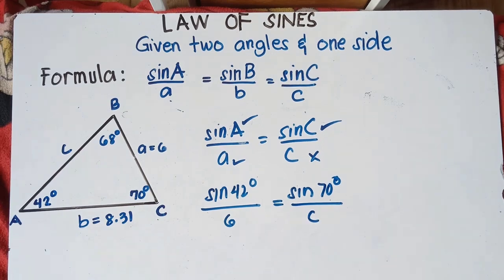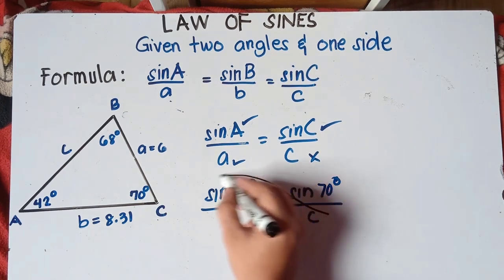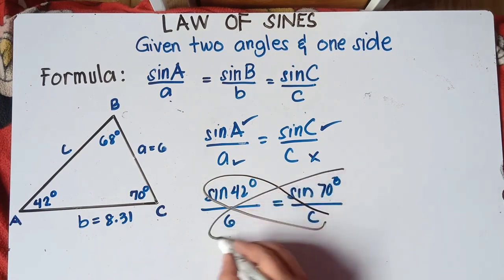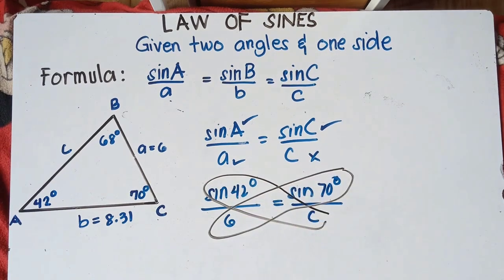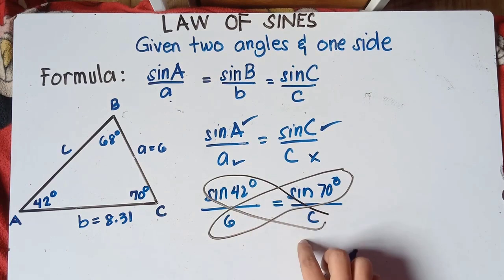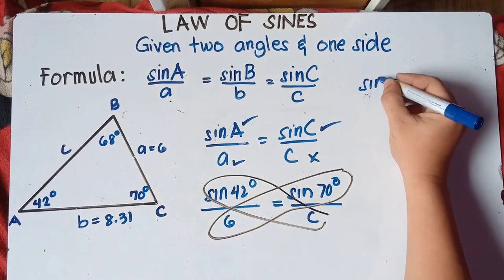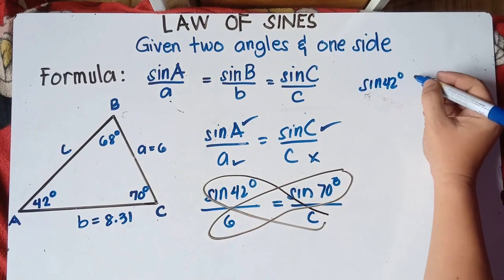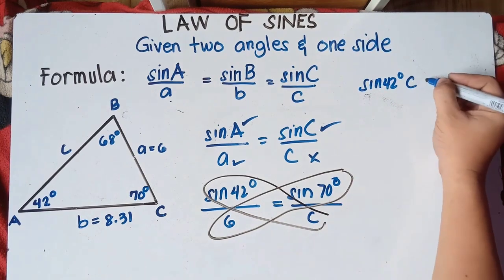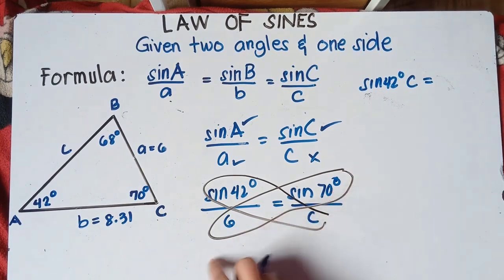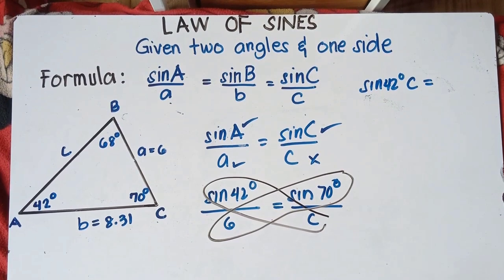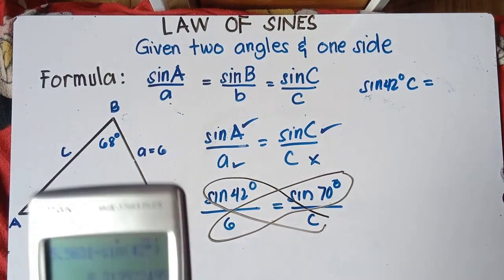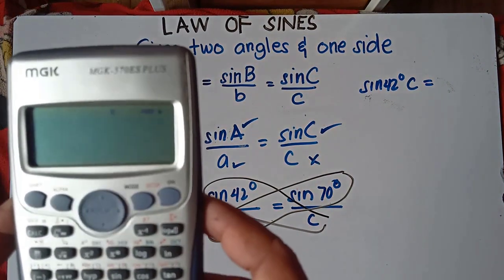So next is cross multiply. So we have sine 42 degrees times c, equals, cross multiply, sine 70 degrees times 6, so we'll use the calculator.